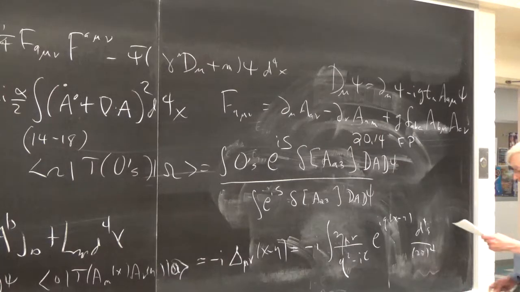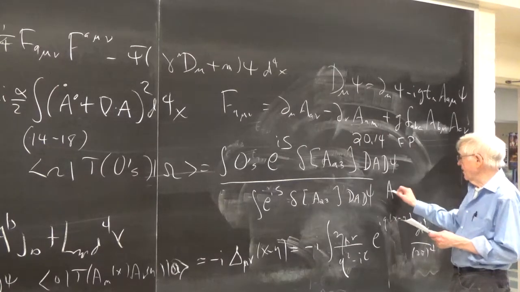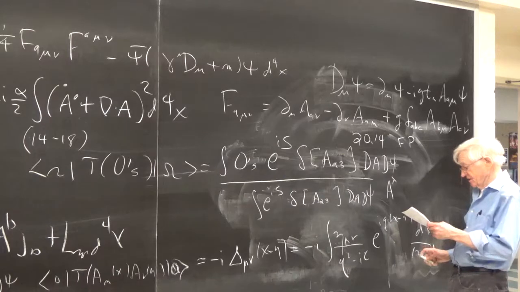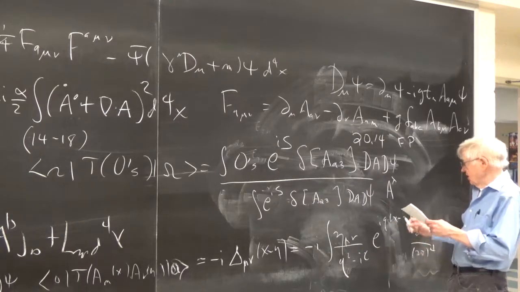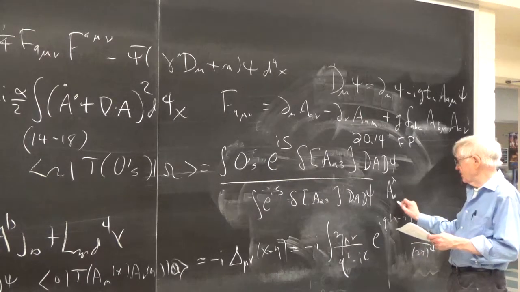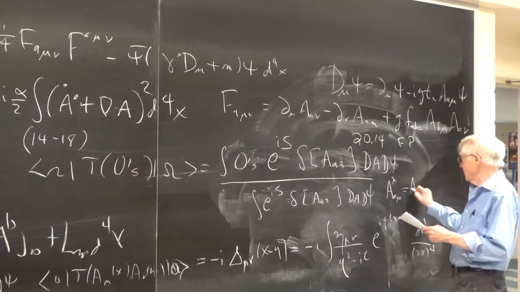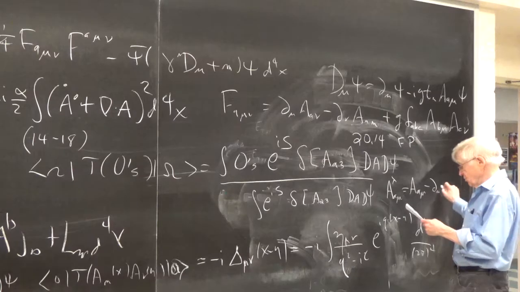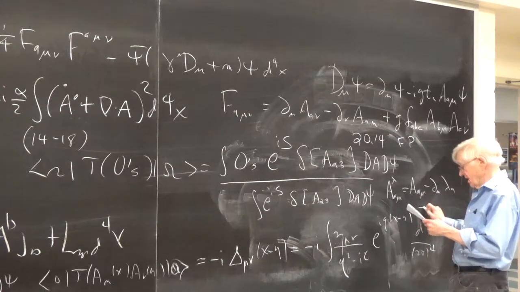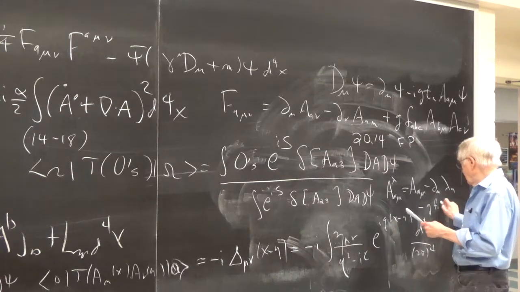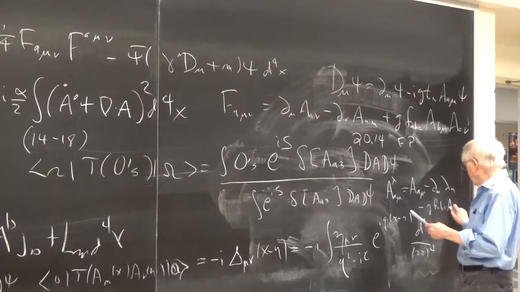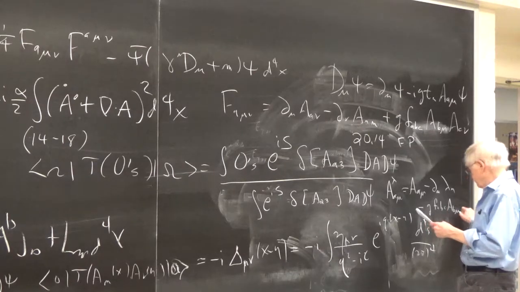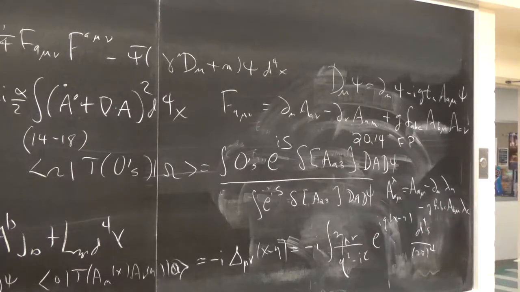Well, let me put in a little bit of it. One useful equation is that the change of a gauge field under an infinitesimal gauge transformation is minus ∂_μ λ^A minus g f^{ABC} A^B_μ λ^C. That's a nice equation.